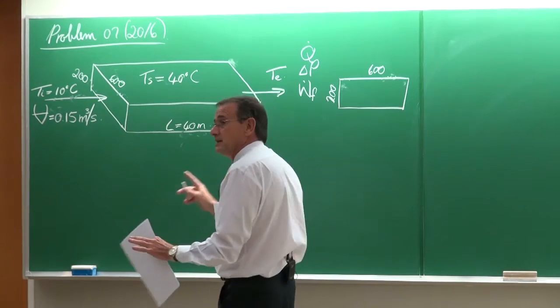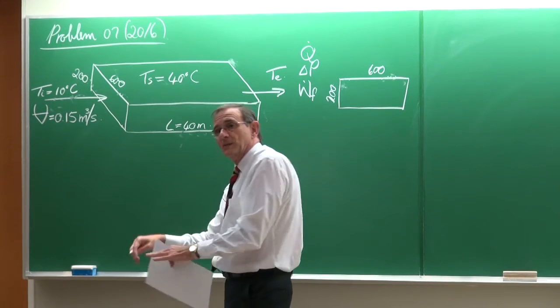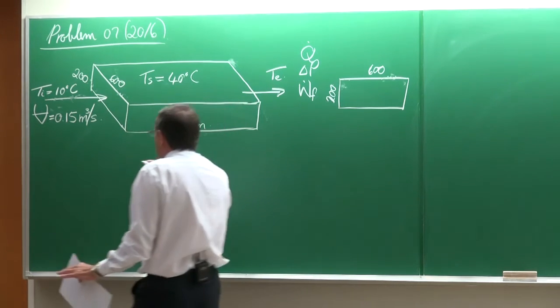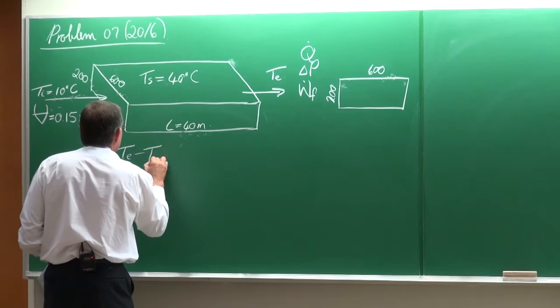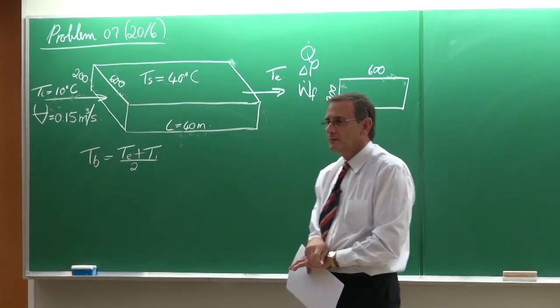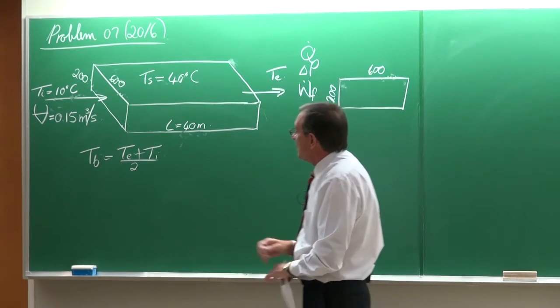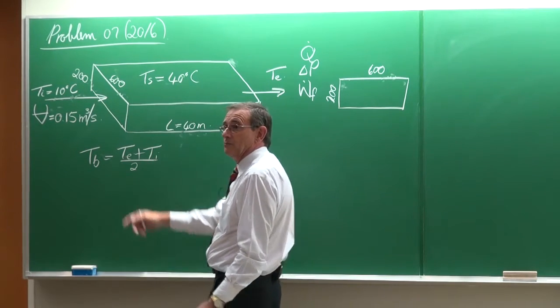Okay, so when we start these types of problems, we want to get the bulk temperature, because that's the temperature where we need the properties. And the bulk temperature, as you know, is the outlet temperature plus the inlet temperature divided by 2, the average of the two. We've got the inlet temperature as 10, but we do not have the outlet temperature.